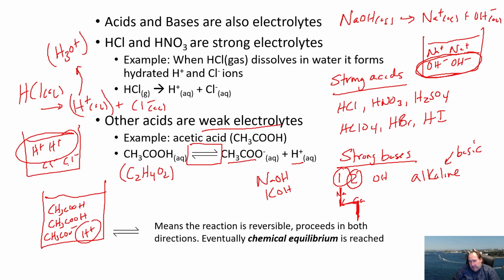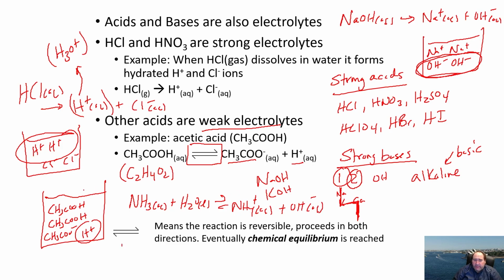A weak base, probably the most common weak base that you'll come across, is NH3, which is ammonia. When it's in water, for example, it will produce NH4 plus and OH minus, sometimes referred to as ammonium hydroxide.